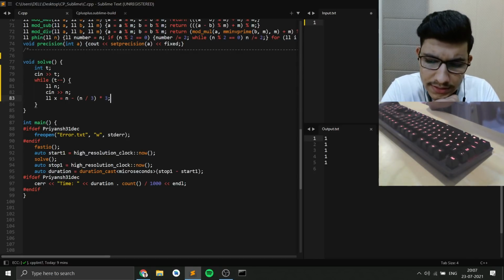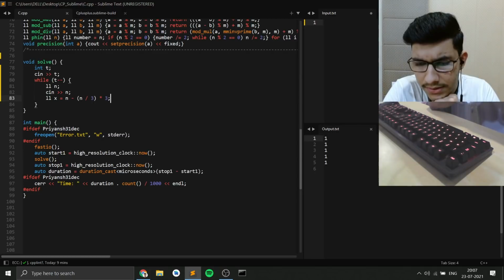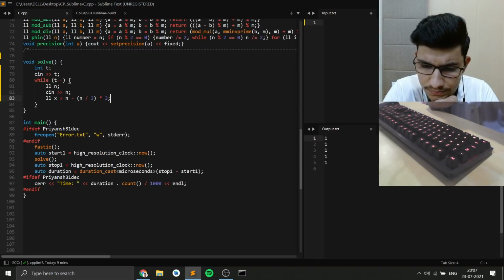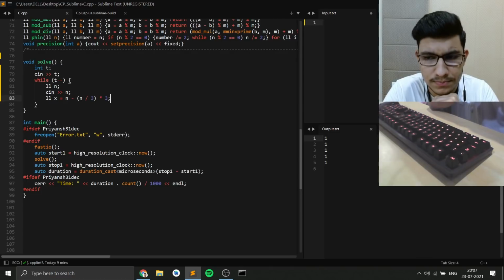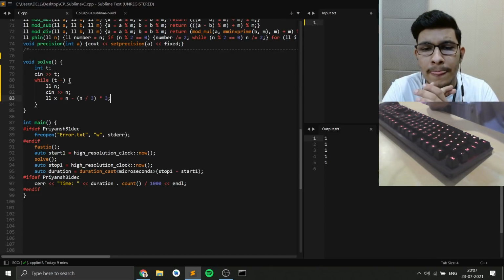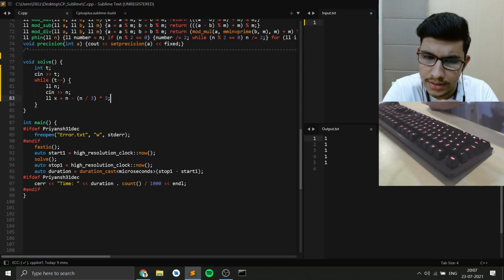And if c2 is greater than c1 by x, then the overall sum will be c1 plus 2c2 plus 2x.